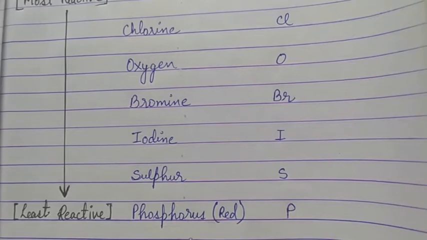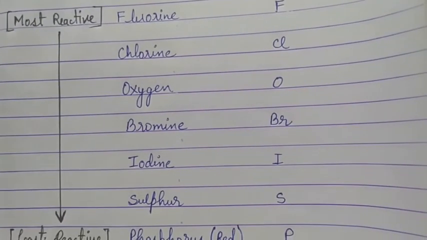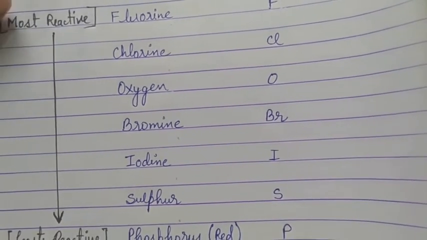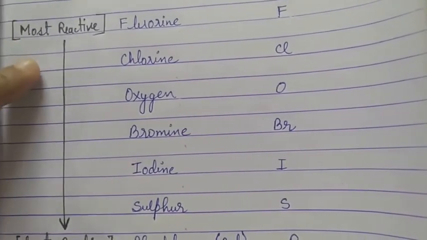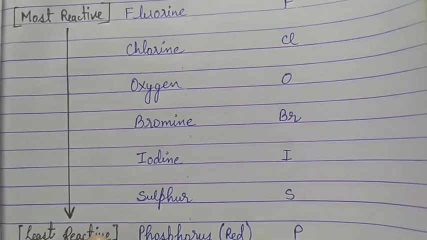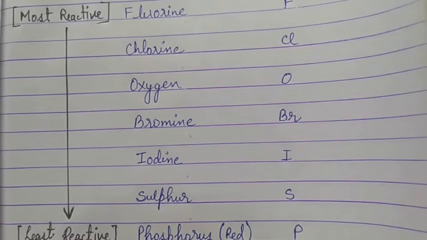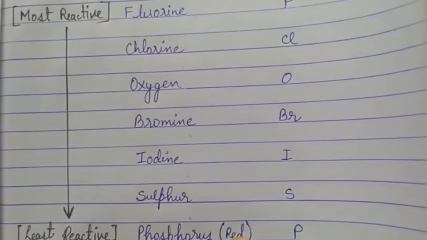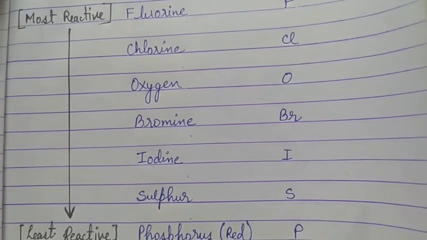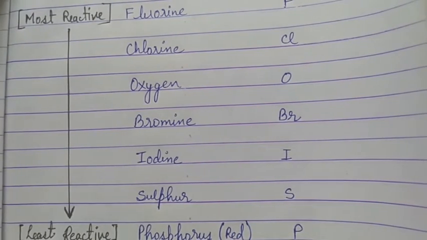This is a very small reactivity series which I have sorted out for you so that you can learn this. Here, fluorine is the most reactive and red phosphorus is the least reactive. Why have I written red here? Because phosphorus is of many types; yellow phosphorus is also there. So red phosphorus is the least reactive one.